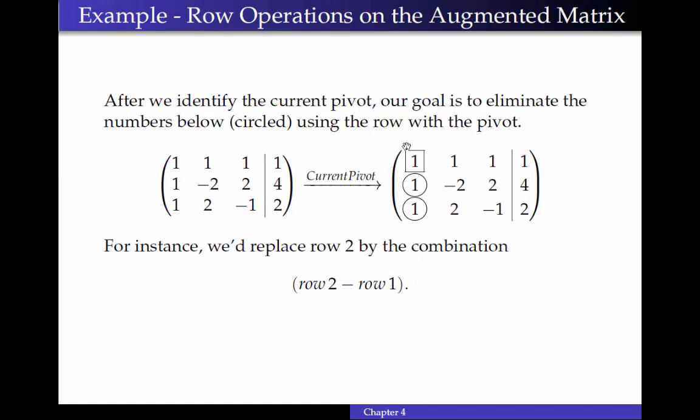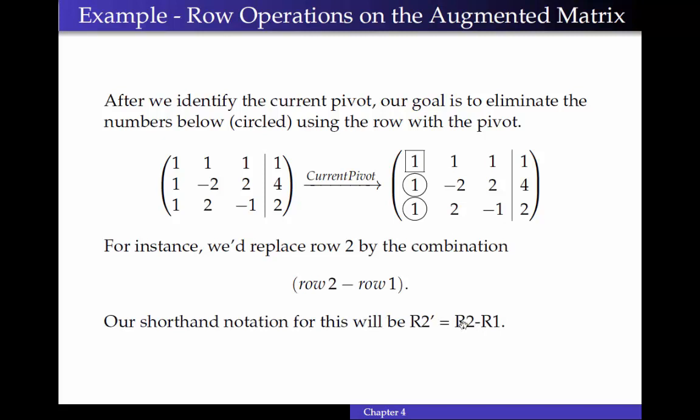So once we identify this pivot, our goal is to eliminate the numbers below that are circled using this row with the pivot. So here we'd replace row 2 by the combination of row 2 minus row 1. And you'll notice this is the same exact system that we did before. So we're watching these same operations happen now in an augmented matrix.